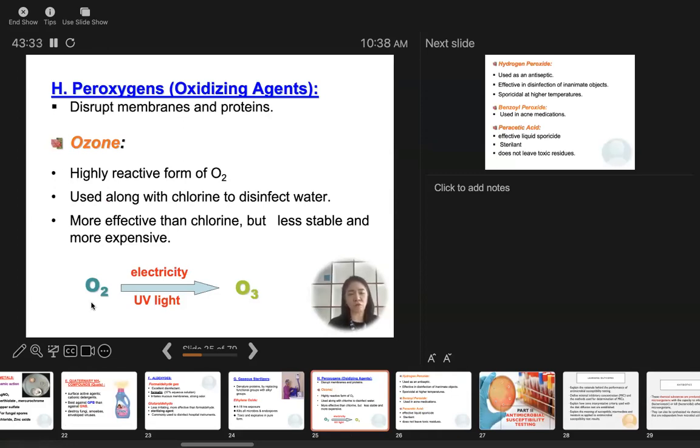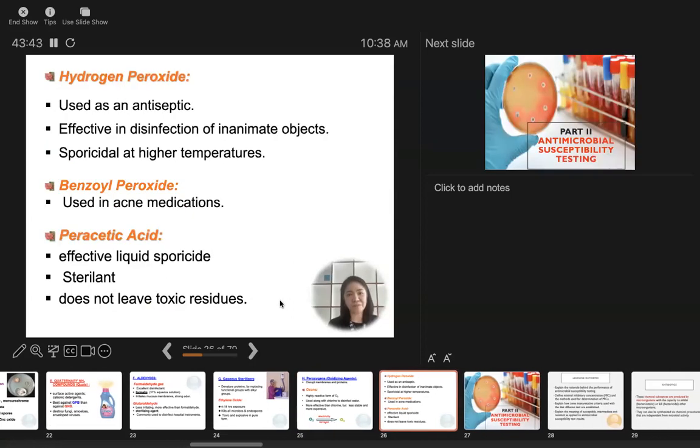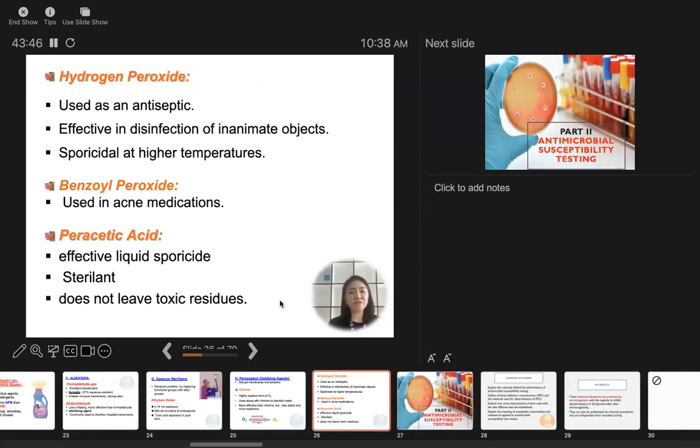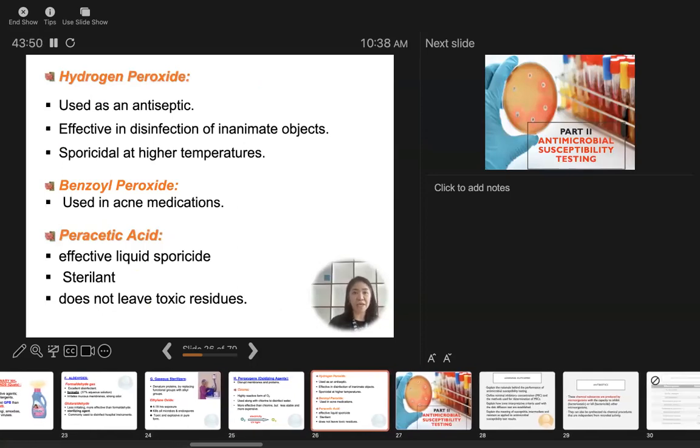Usually ozone is formed by exposing oxygen to electricity or ultraviolet light, and then you get ozone. And then, of course, hydrogen peroxide, which is used as an antiseptic. But our Betadine is better.